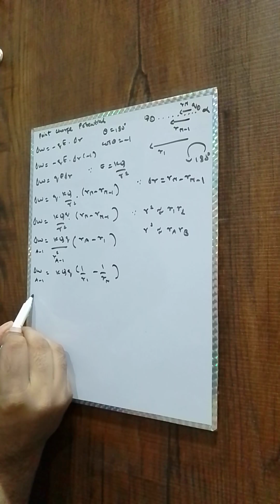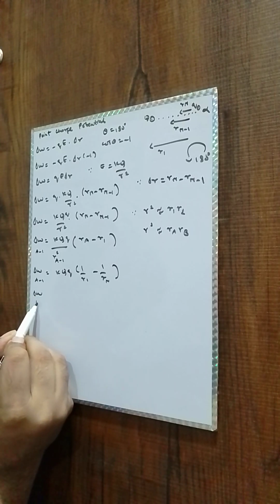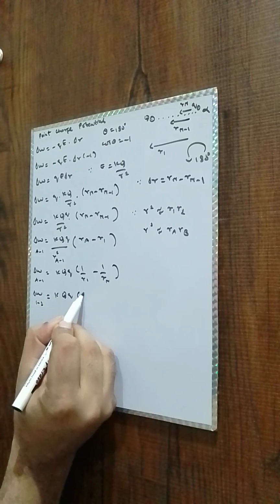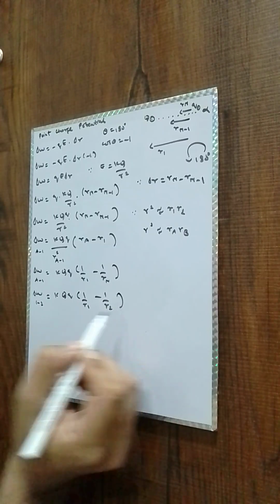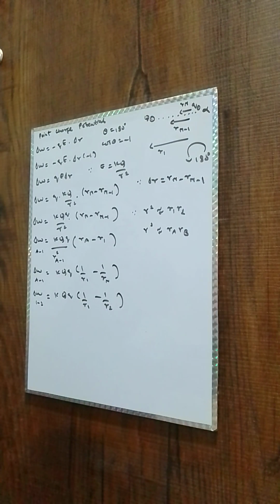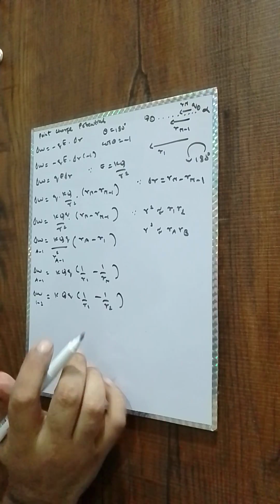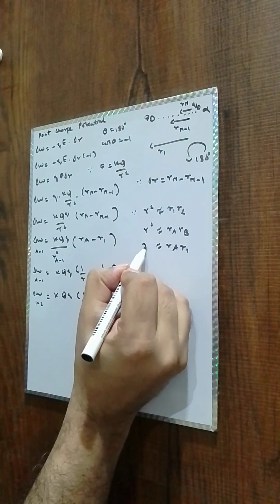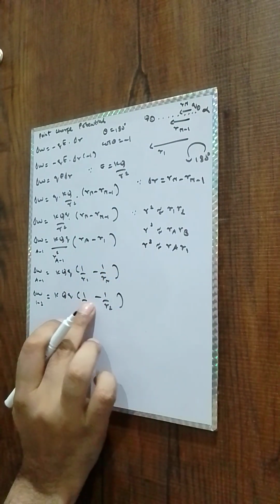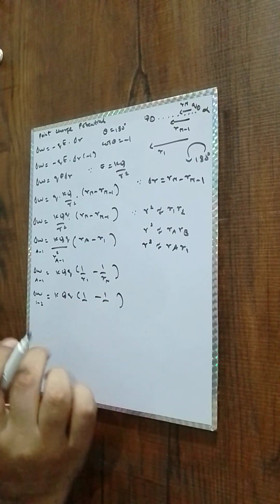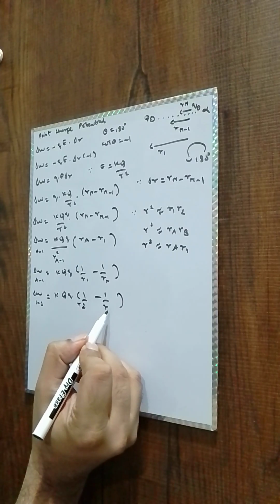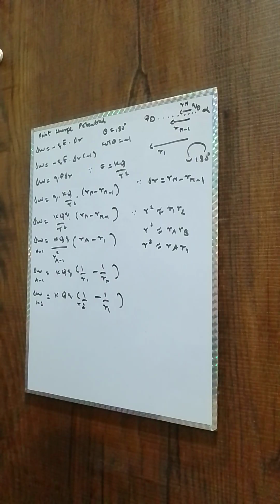And this delta work, delta W from 1 to 2, let's say, could be equal to KQQ into 1 by R1 minus 1 by R2. Okay, you see, 1 by R2 minus 1 by R1.